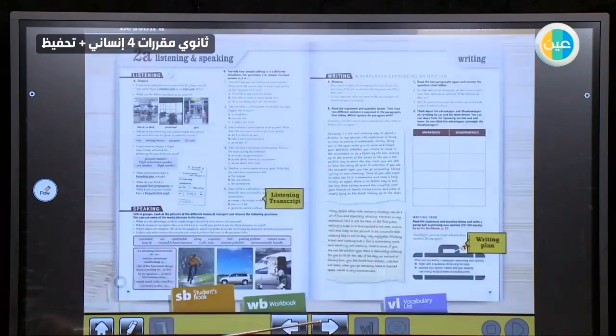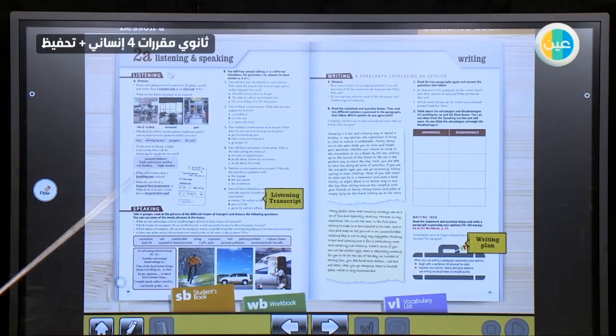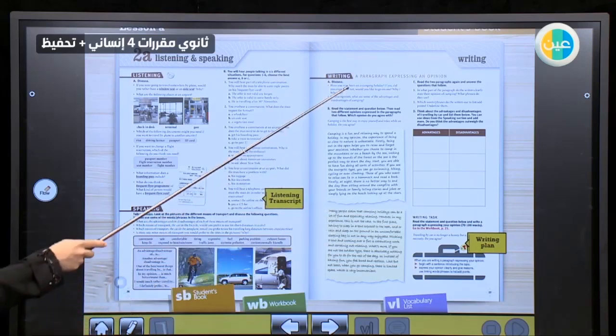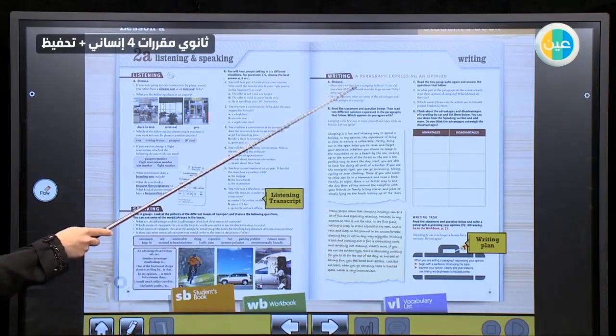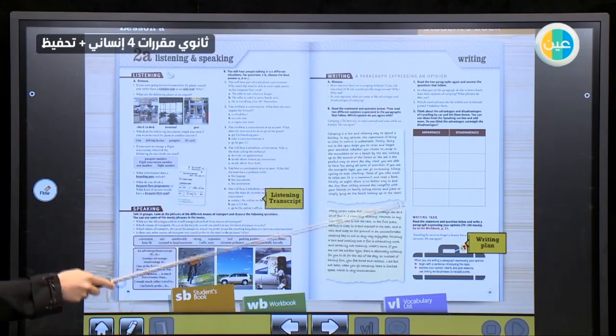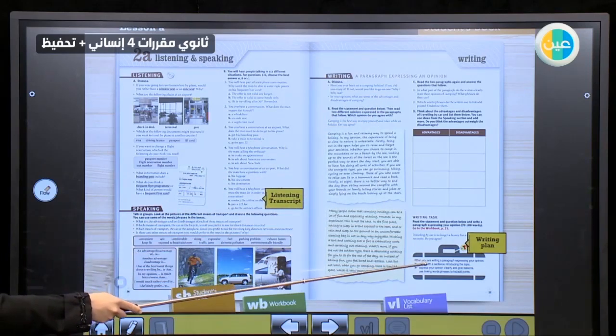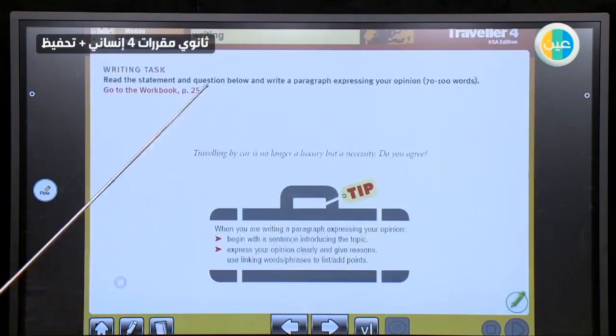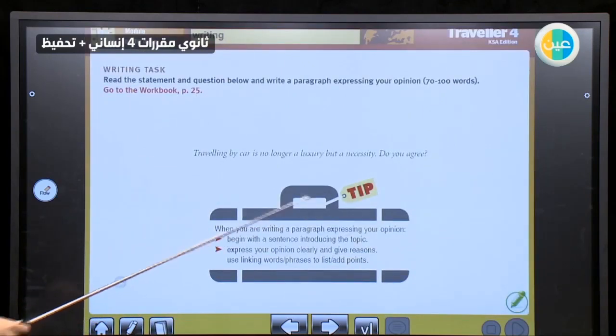Okay, let's move to the next page. We have here a listening about check-in at the airport. We have many new words. You have to match them with their meanings. Then we have here writing a paragraph expressing an opinion. Pay attention to the steps.